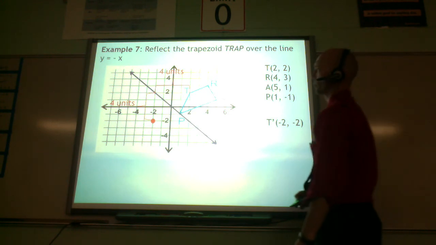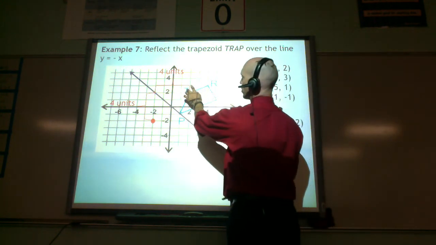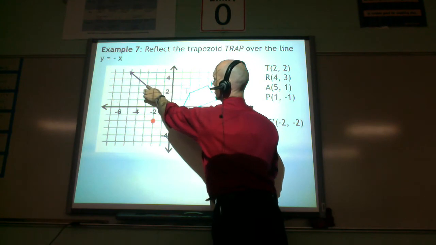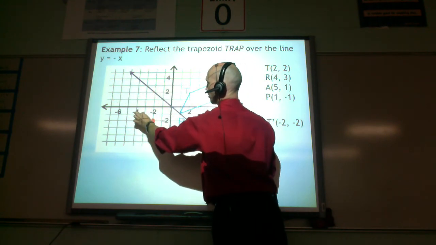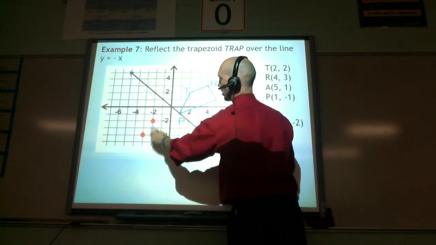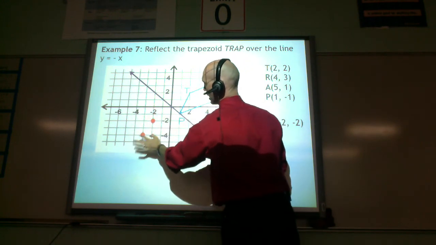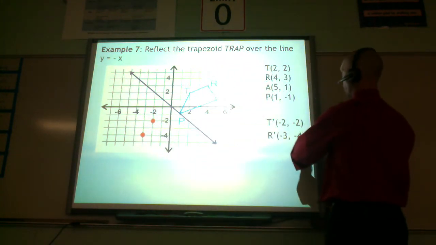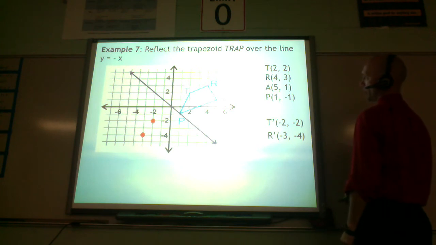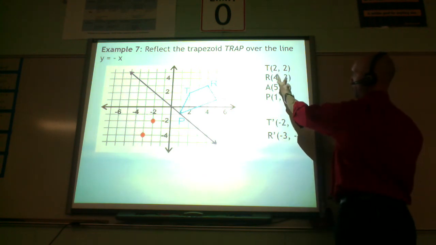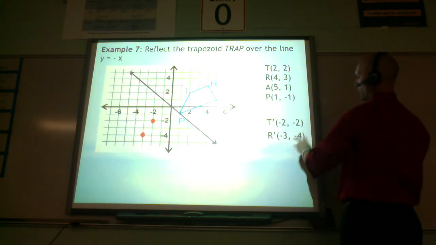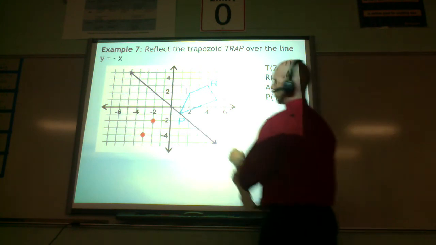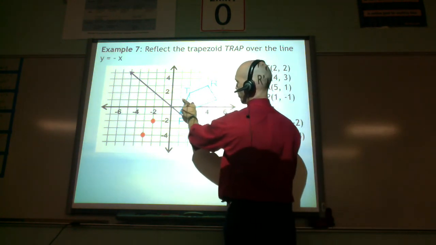Let's try something else. Let's try R. 1, 2, 3, 4, 5, 6, 7. Right there. That ordered pair is negative 3, comma negative 4. This was 4, 3. Looks like I flipped them and I changed both signs. Let's try A. 1, 2, 3, 4, 5, 6.